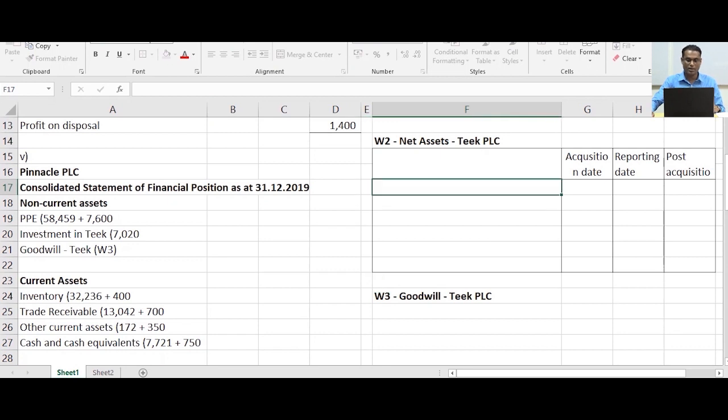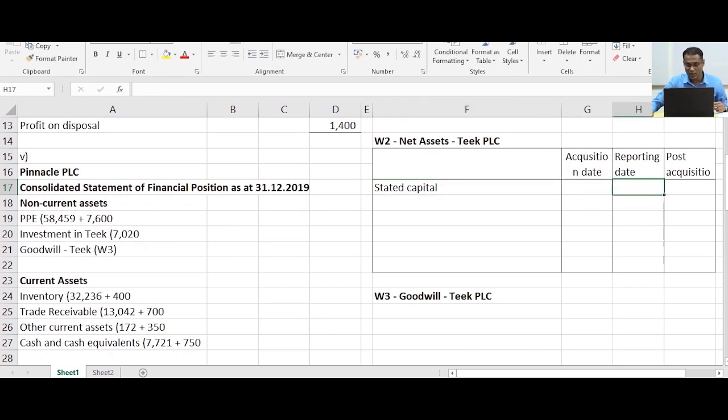Subsidiary equity capital, stated capital you take to the net asset table, working number 2. All the equity items, share capital, reserves, whatever the reserves of the subsidiary, always take to the what? Net asset table. So thereafter, after putting the figures there, then we will take into the relevant places for the goodwill calculation, for the NCI, for the consolidated retained earnings. We will look at how to do that once we go through the question.